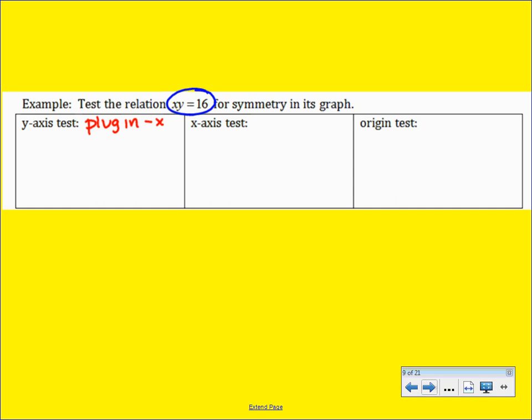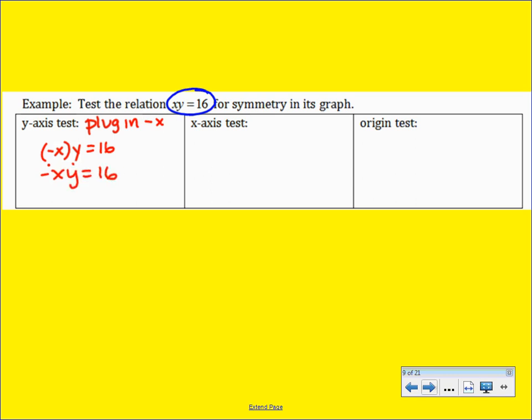Cool? So with me, here we go. Plugging in negative x. I always plug in using parentheses. Why don't you just simplify that? How does that simplify? Just simplify. What is negative x times y? Negative xy. Good, that's as far as you gotta go.